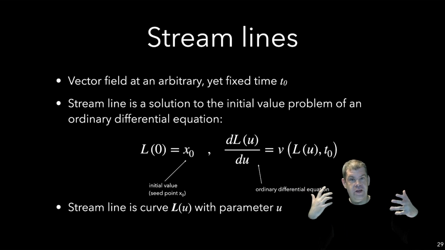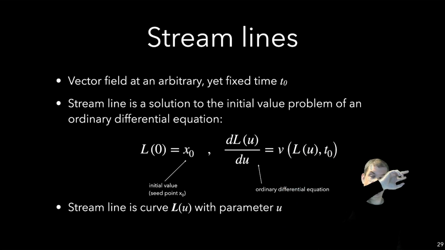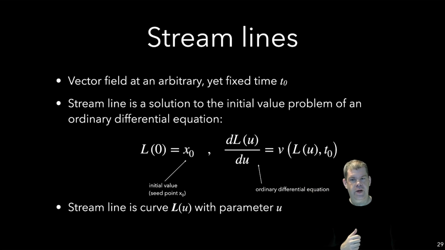If you solve that equation somehow, you get a function out, and the function is your path. No surprise here. It's an ordinary differential equation because we only compute the derivative in one variable. So it's of the simpler kind, as opposed to the partial differential equation that we had previously in the simulation part. But it's actually not too hard to understand, I suppose.